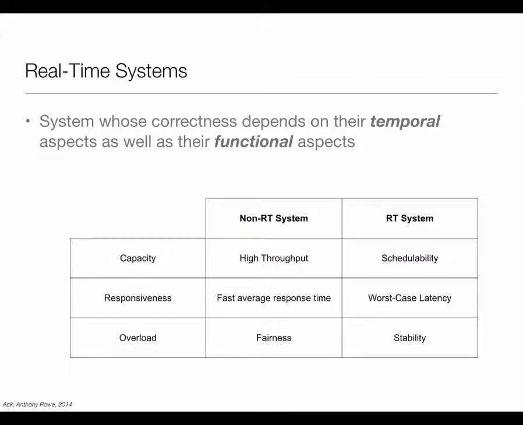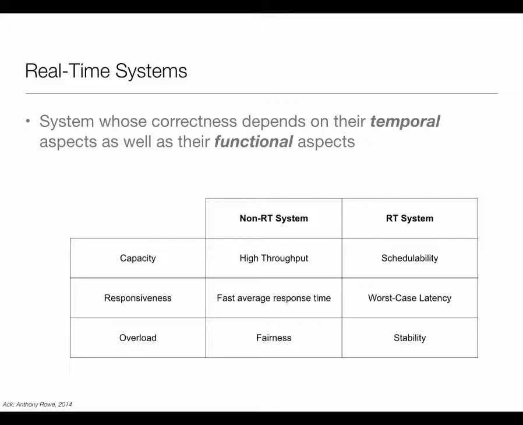In real time versus non-real time, the differences come out as the following. Let's say you're designing a scheduler for a web server or desktop machine. What you really care about are things like throughput or interactive performance. With real-time systems, the main thing is, can I schedule while meeting the timing constraints? You're looking at it from a different perspective.